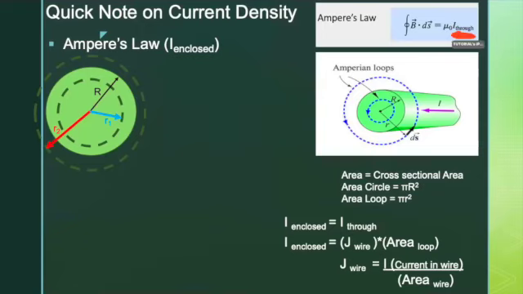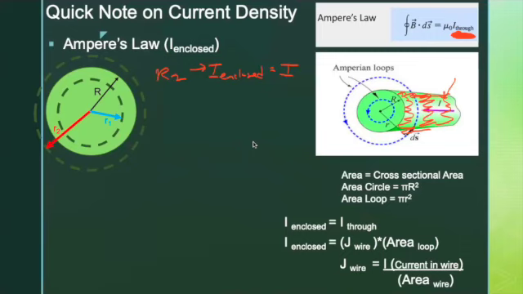And in order to do that, first we need to think of the situation. So for R2, we're outside of the loop. All this current is in here, in this wire. So if our loop is outside that wire, then I enclosed is just going to equal the current.